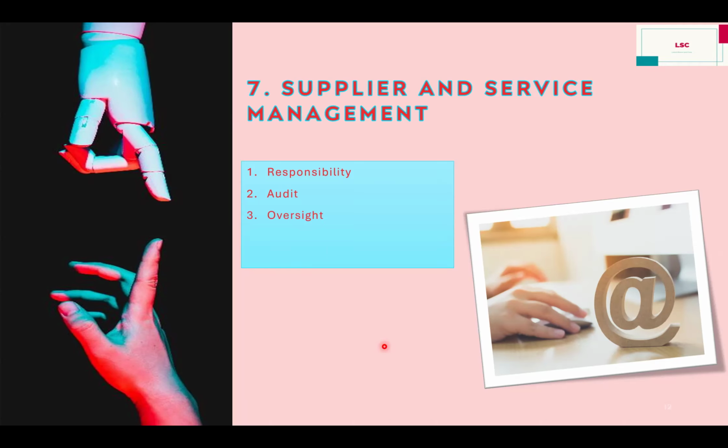Oversight means when the regulated user relies on a service provider, there should be an agreement, the SLA, service level agreement, in which all things are mentioned: what the responsibilities of the supplier are during the project and over the life cycle of the project.